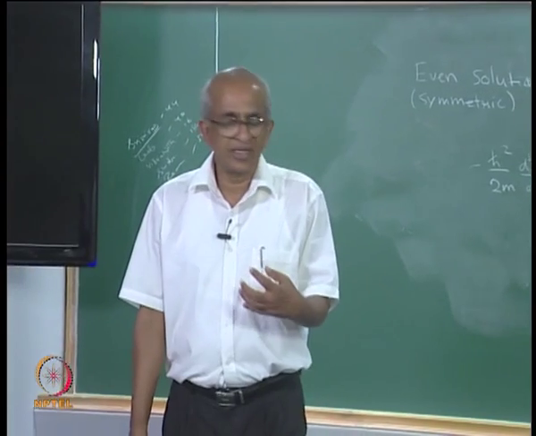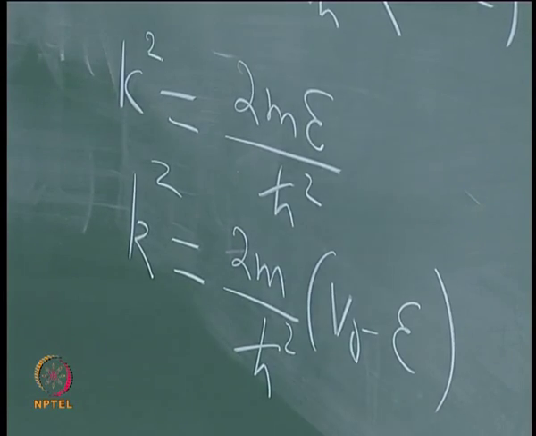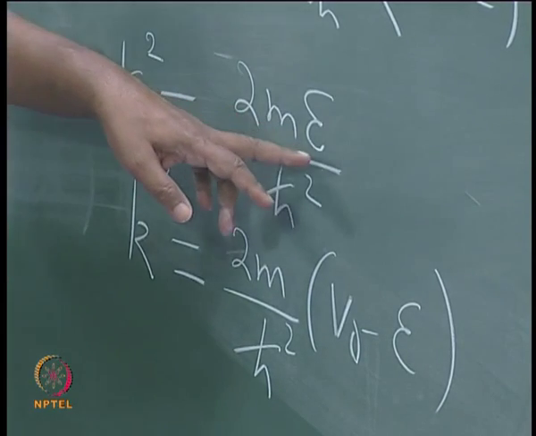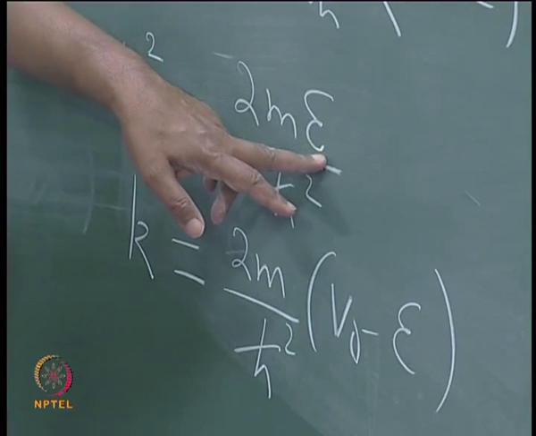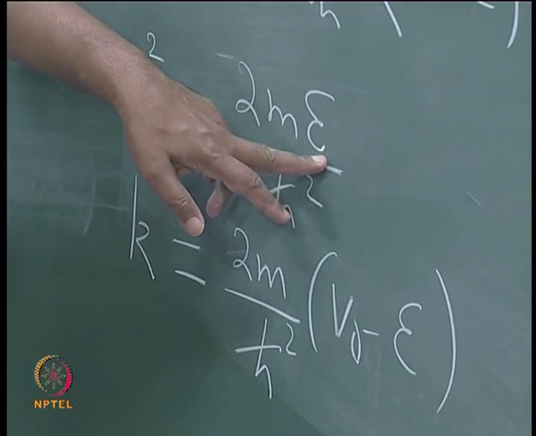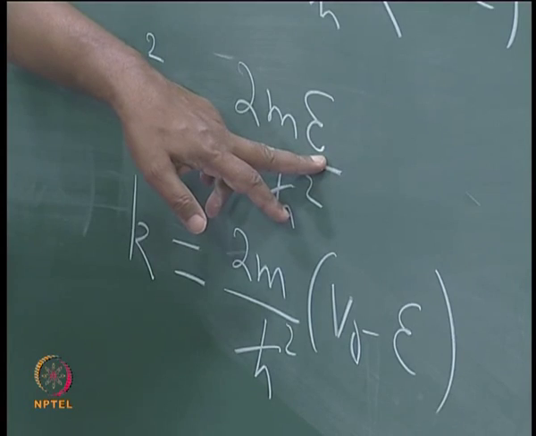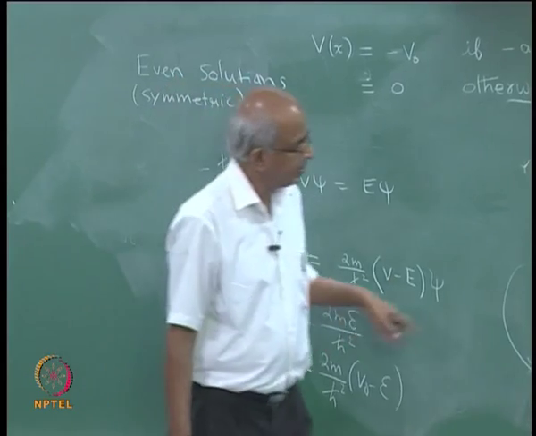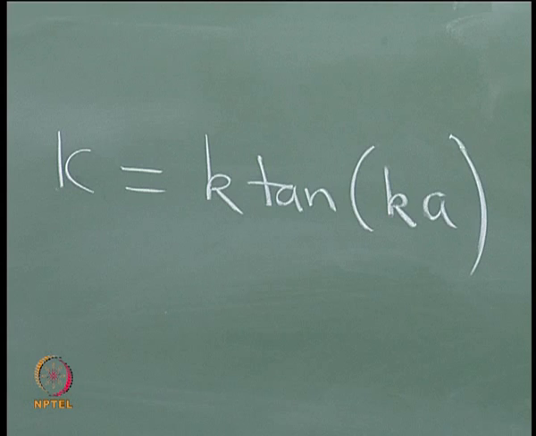So the point is that kappa and k are actually dependent on epsilon, right. They are both dependent on epsilon, and this is an equation that is to be satisfied. You have epsilon inside this kappa, you also have epsilon inside that k.